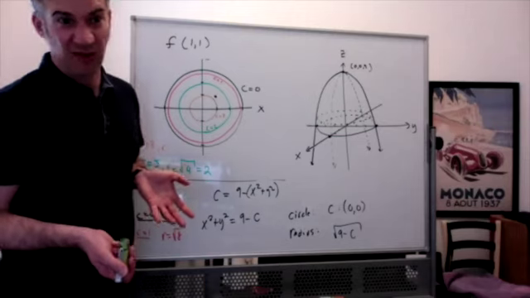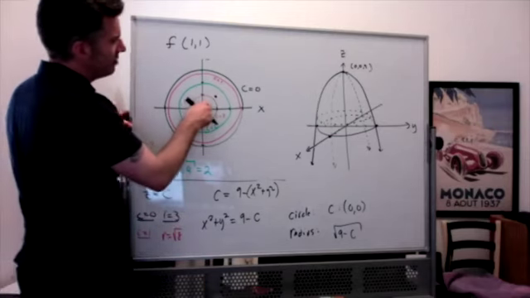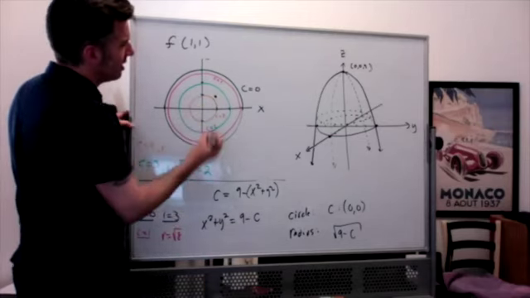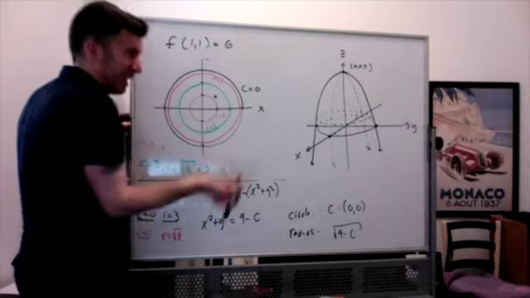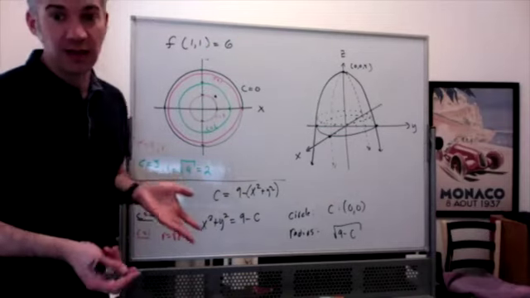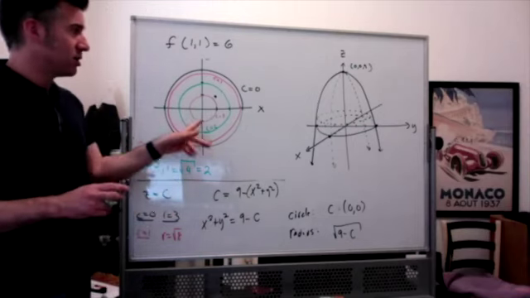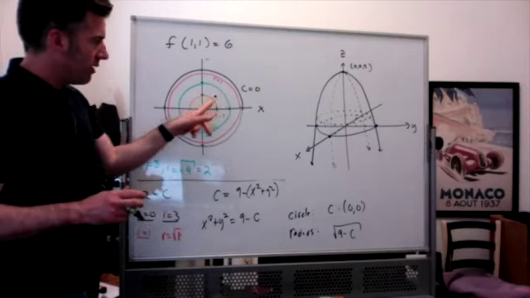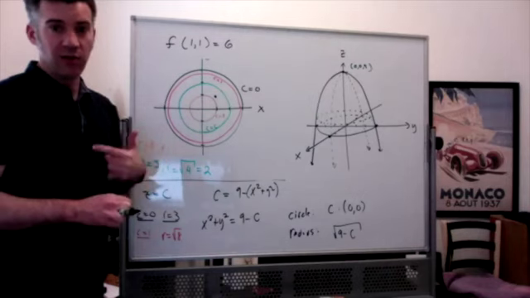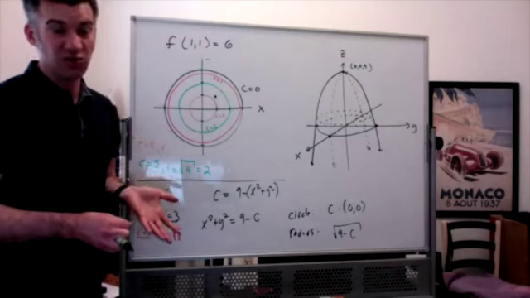Sorry, I maybe didn't take a great example. But the idea is that this is pretty close to 8. I might guess that f of 1, 1 is equal to 6. I know it's not right, but we're just guessing. But that's kind of the idea: whatever curve we're closest to, we want to guess a value that's close to that value.